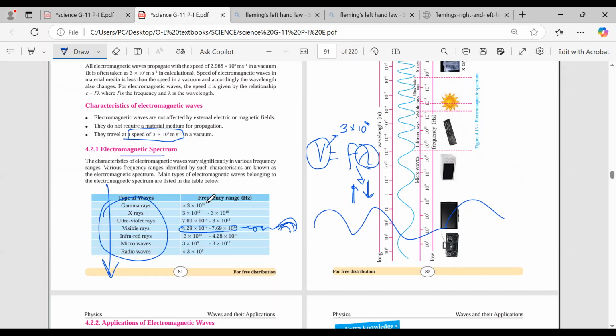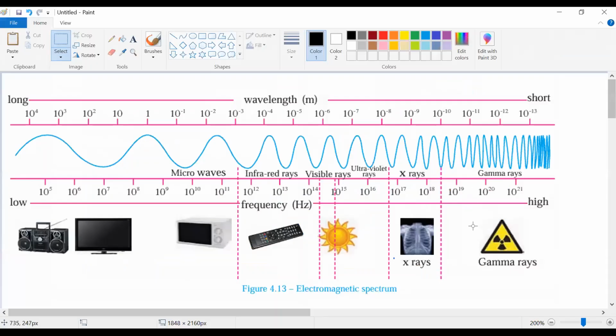The frequency. The frequency is decreasing. So can you see that here? When you go from gamma to radio waves, the frequency is decreasing.